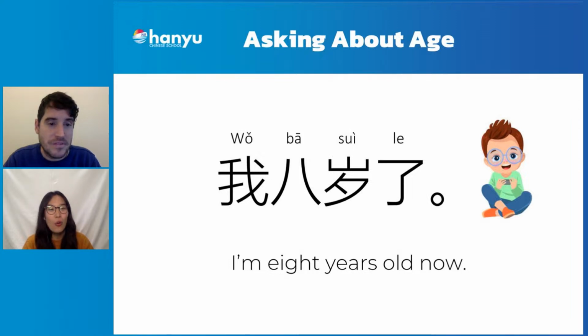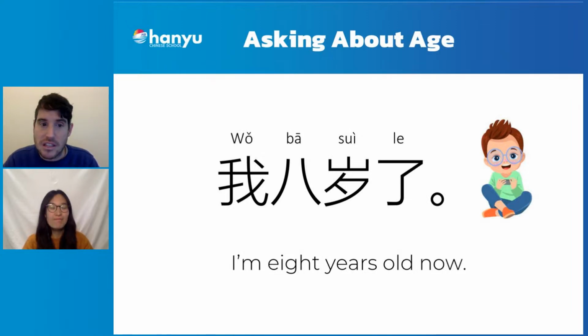We can say 我8岁了. I'm 8 years old now. Very good. So as we can see, the answer just replaces the question word with the number. 我8岁了. Very good.